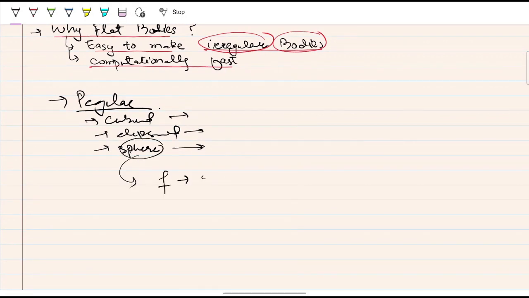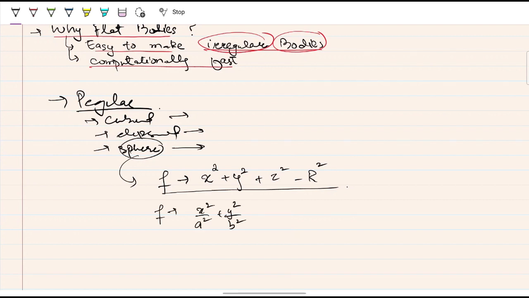A function f for a sphere is represented as x square plus y square plus z square minus r square. This is the function for a sphere. For an ellipsoid it's x square divided by a square plus y square divided by b square plus z square divided by c square minus 1. These are the major axis, minor axis, and median axis.